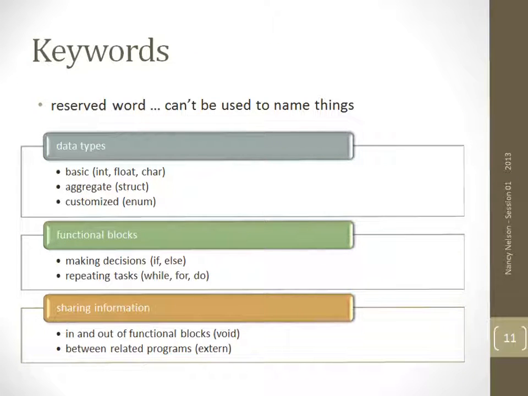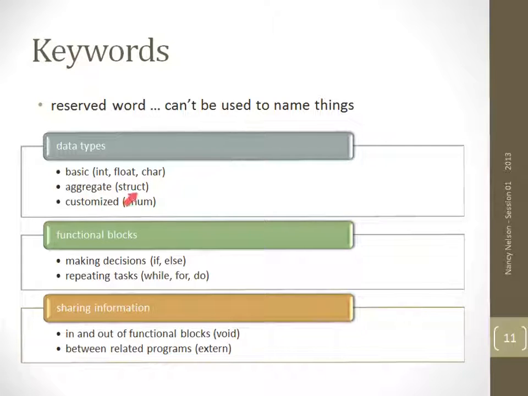Now, one of the rules that we have, and this applies to any programming environment, is that we cannot use a keyword, which is a reserved word, to name things. And there are a number of different keywords, so let's look at some of the main ones. First are the ones that define our different types of data. So we have our integer and float and character that we've just talked about. Then we have some aggregate data, and aggregate means group.